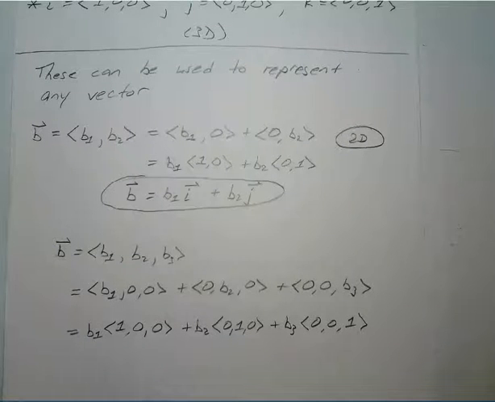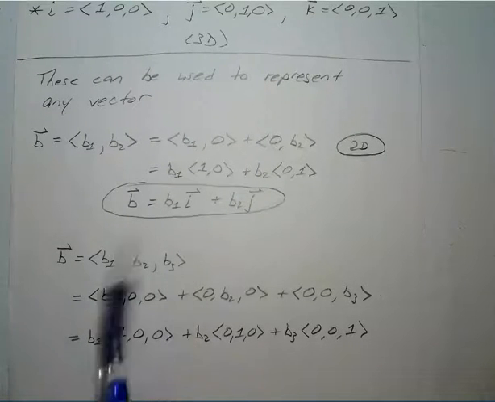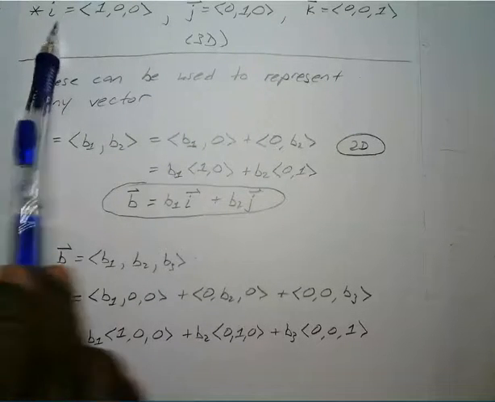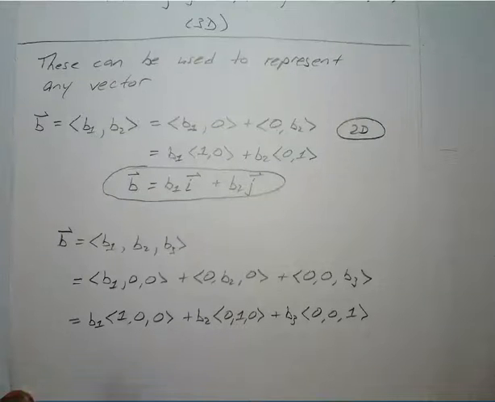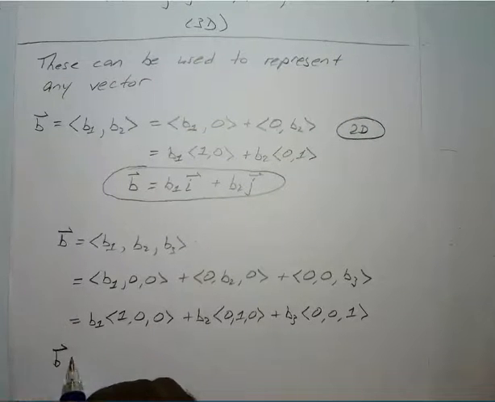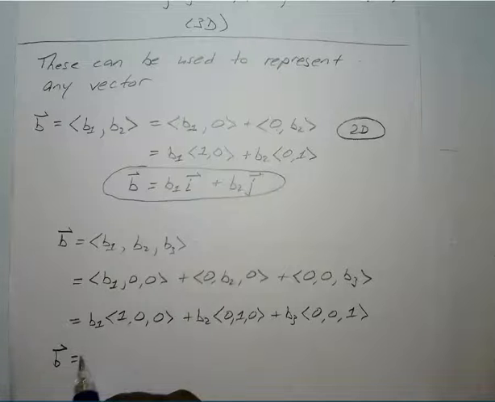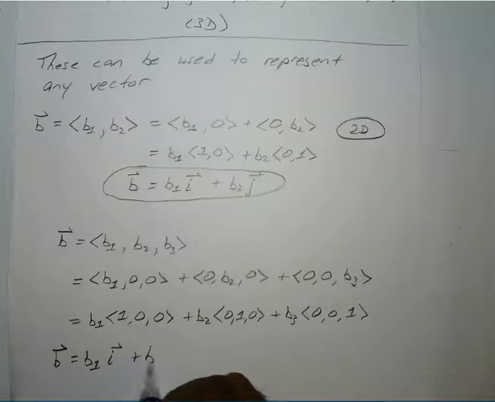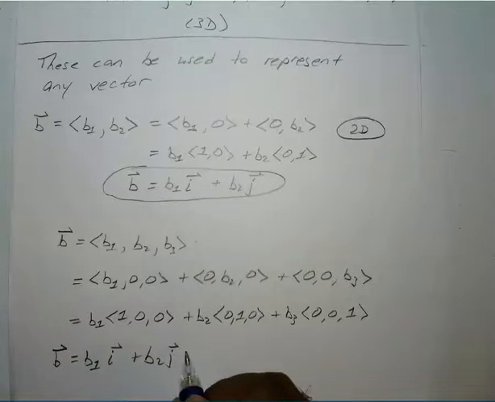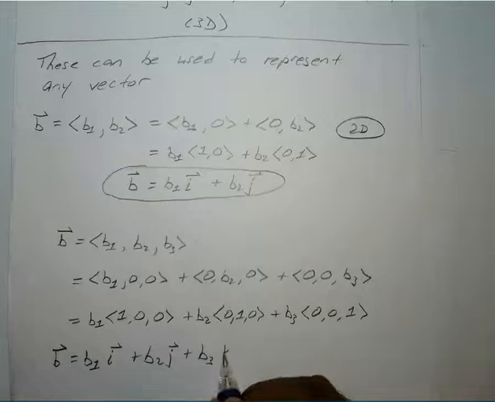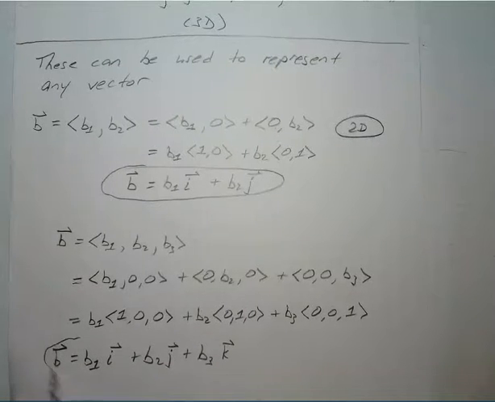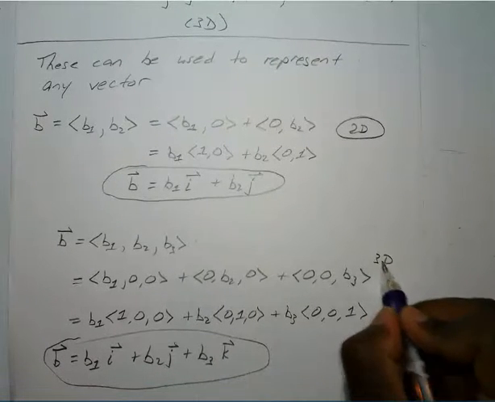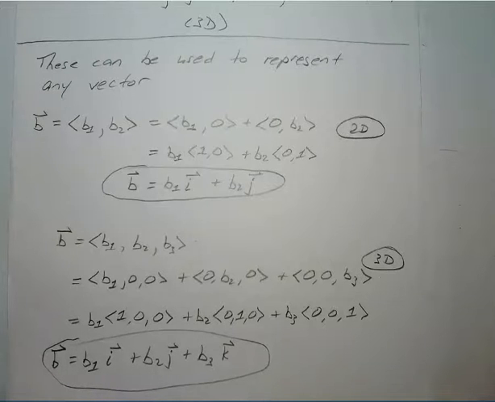Just like in 2 dimensions, that now leaves us with our i, j, and k unit vectors. So we see that our B vector can equal component number 1 times the i vector plus component number 2 times the j vector plus component number 3 times the k vector. Of course, this is our 3-dimensional explanation.